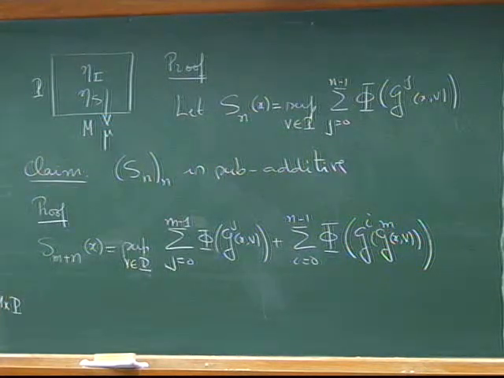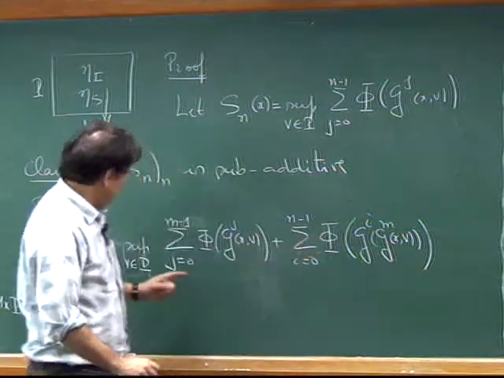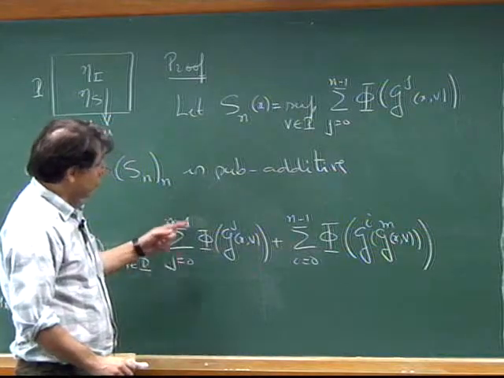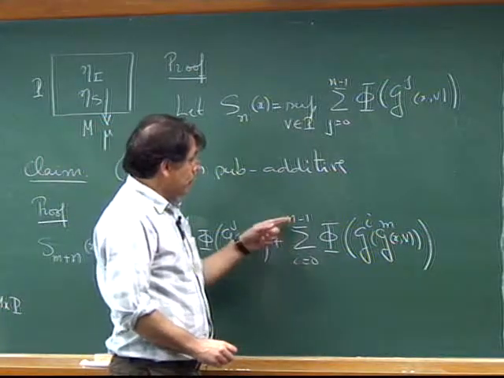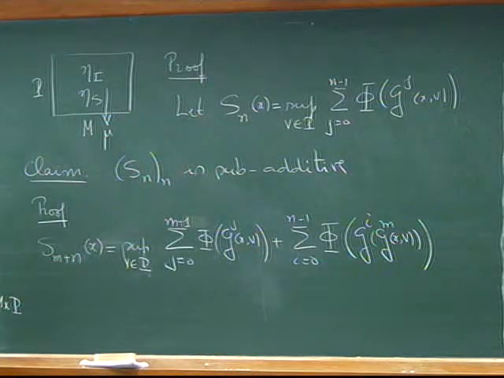Right? Just breaking the sum into two parts, and this one is from 0 to m minus 1. This would start from m to m plus n minus 1, and I write it in this way.